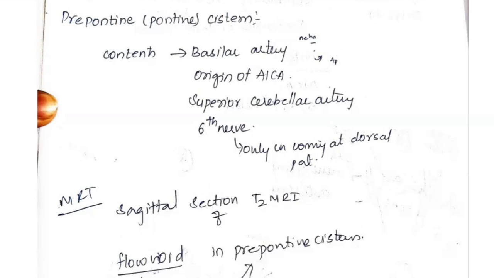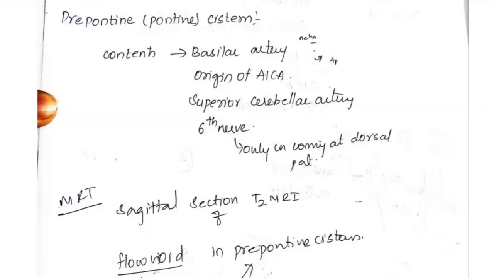The inferior cerebellar artery has two parts, anterior and posterior. AICA is the anterior inferior cerebellar artery, and PICA is the posterior inferior cerebellar artery. AICA arises from the basilar artery. The two vertebral arteries join to form the basilar artery in front of the pons. The basilar artery gives AICA and the vertebral artery gives PICA.